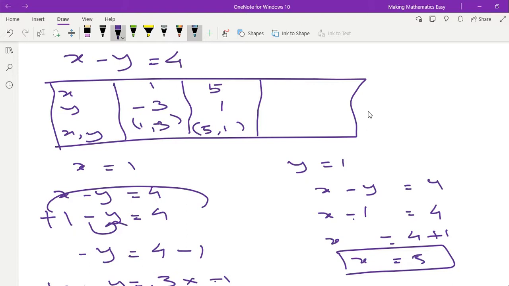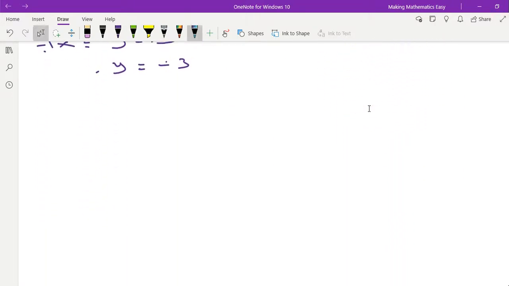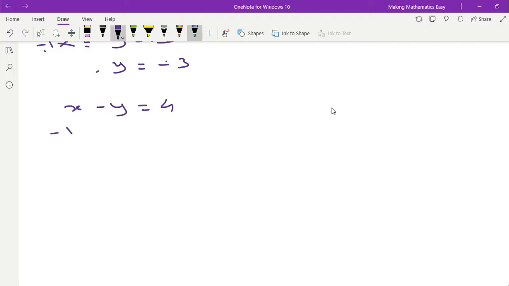Okay, now let's take the x value as minus 1. Let us try with minus 1 also. The equation will be the same, x minus y is equal to 4. We have taken minus 1 for x. This minus y will stay as it is over here. This will be 4.